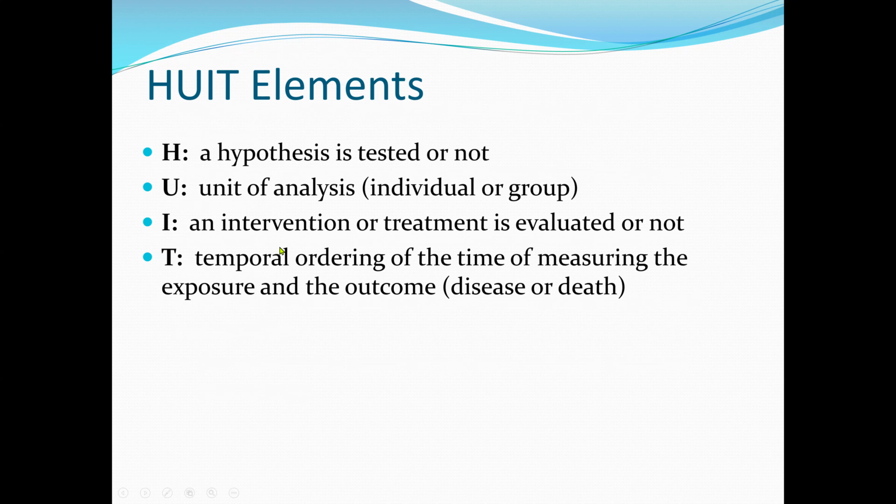There are some study design methods which don't allow us, or we don't need, to evaluate intervention or treatment, or even test hypothesis. Some study designs may help us to generate hypotheses, which is normally the descriptive study design. Again, we may go through that in a few minutes.